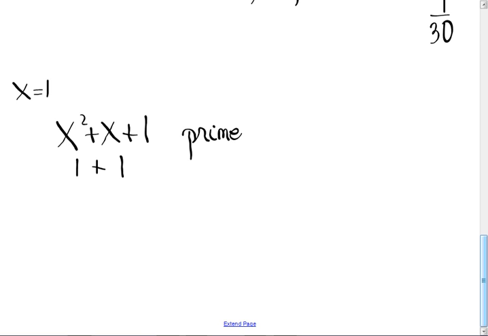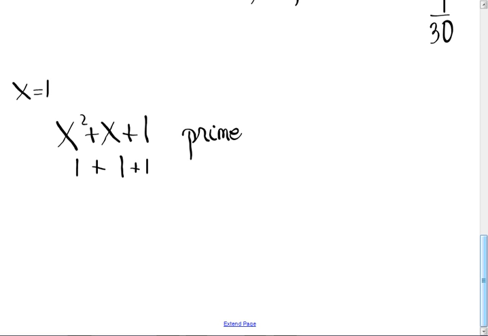If I take this polynomial, x squared plus x plus 1, does that factor? Does that factor? No. That's prime, right? If you can't factor something, you say it's prime. Let's let x equal 1. If x is equal to 1, that's 1 plus 1 plus 1.